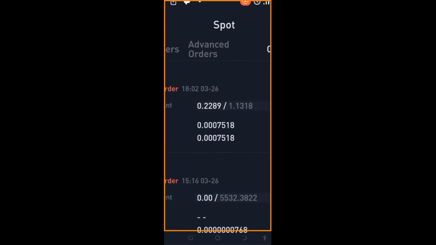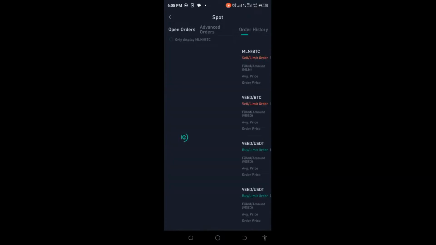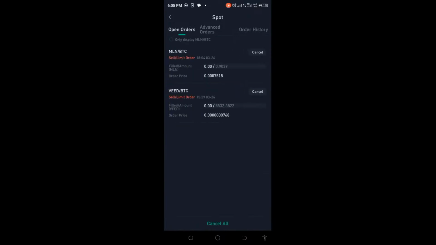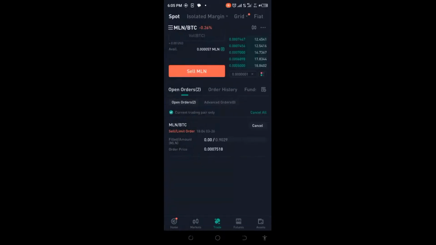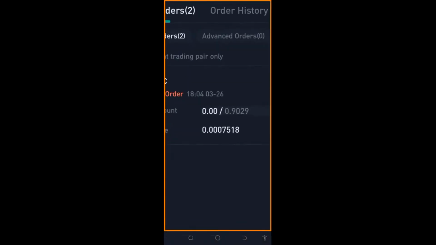We had 0.2289 that we got out of this particular amount. So that's why what we were left with was 0.9. Okay, let's go back and see the open orders. So here we are, currently in the queue and trying to see whether we can get this sold.